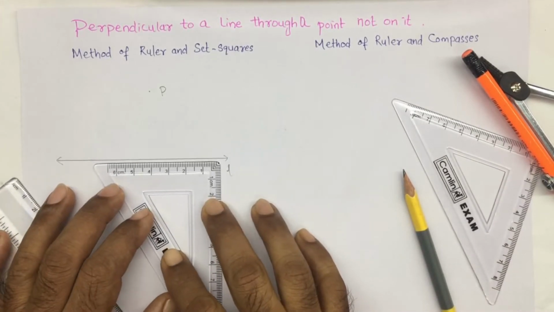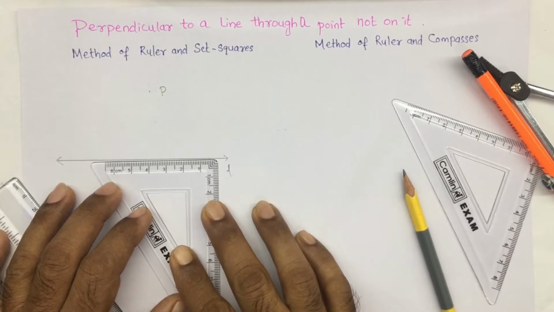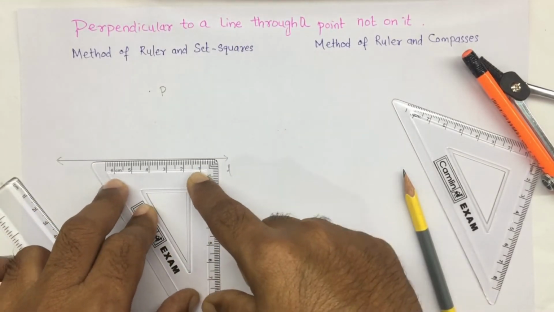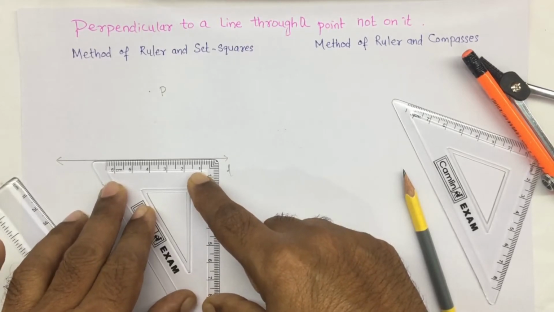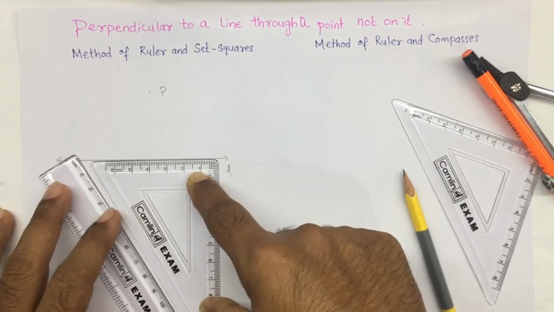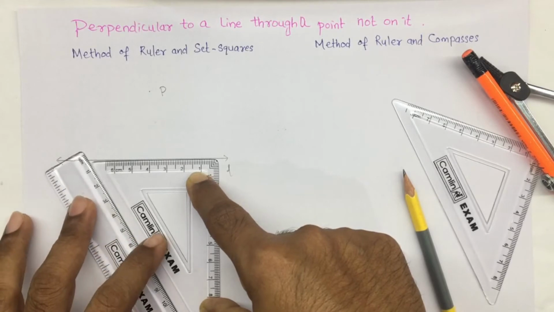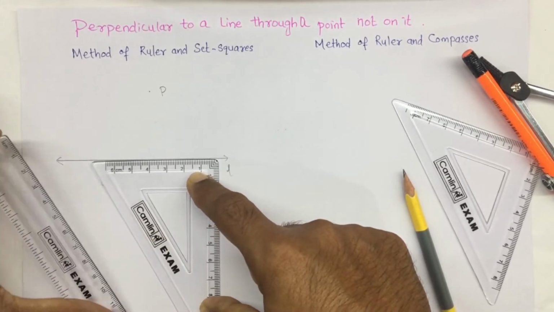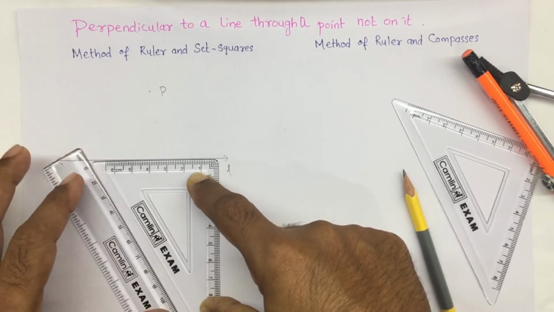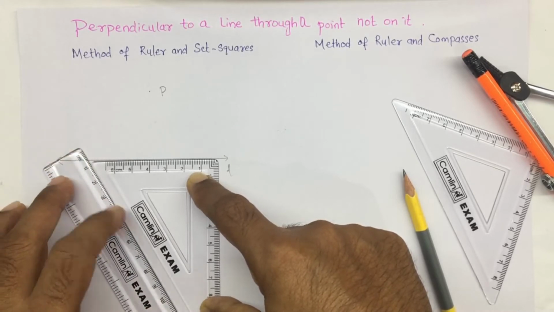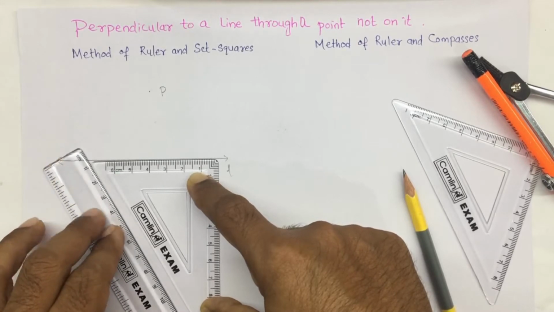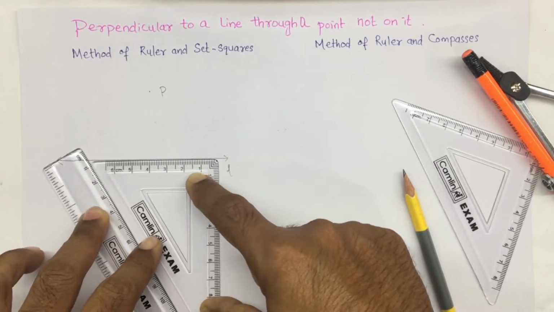For that, you need to take one edge of the set square, the perpendicular edge, and place it exactly coinciding with the given line. Now take the ruler and keep it against the hypotenuse side, and fix it firmly.